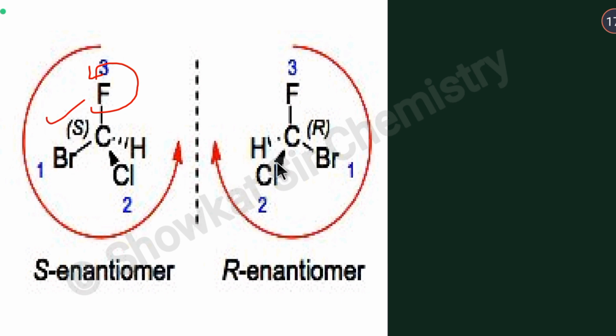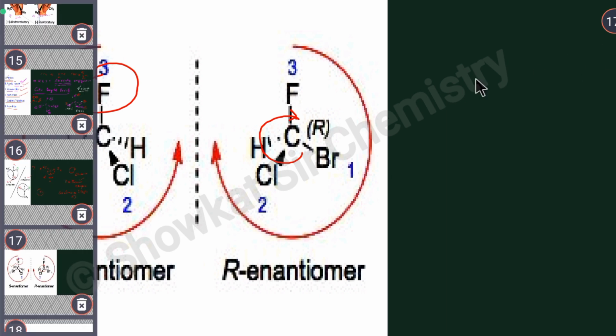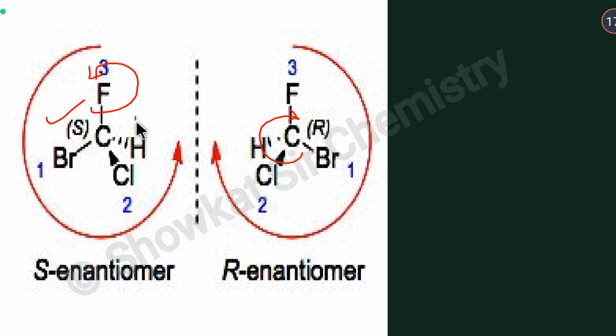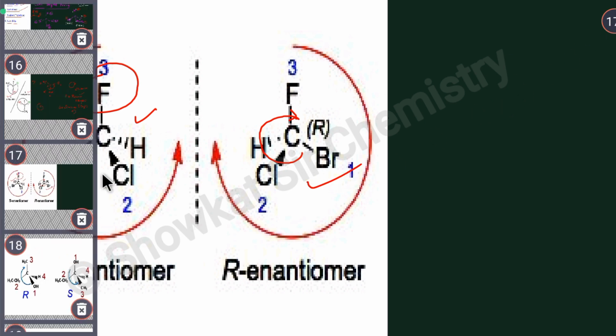Now here is its mirror image. If we give the priority to the atoms in the mirror image, you can check 1, 2 and 3. So that means it rotates in the clockwise direction. So that's your R. So this one is your R, and its mirror image, that is this left one, is your S, and this mirror image is R.